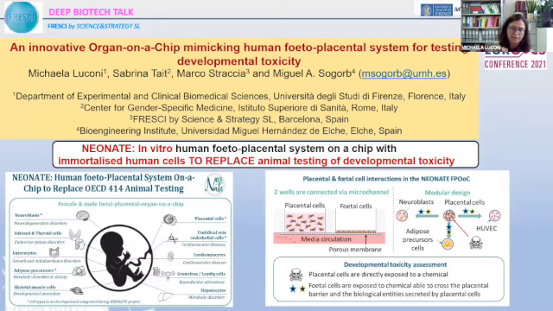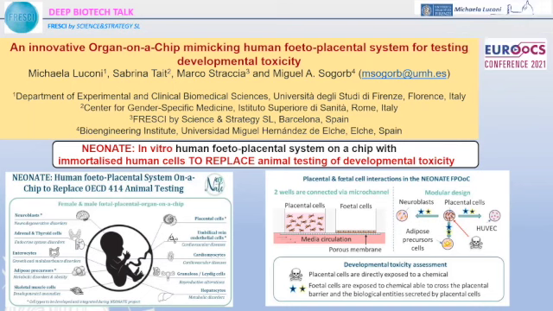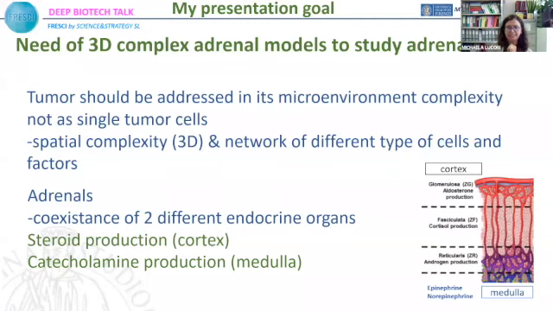So in this sense, we are interested in developing alternative systems to study chemical toxicity by using in vitro cells, and maybe also 3D spheroids derived from fetal human cells. So this is just an introduction of what we are interested in, and now I'm going to go through the real talk of today.